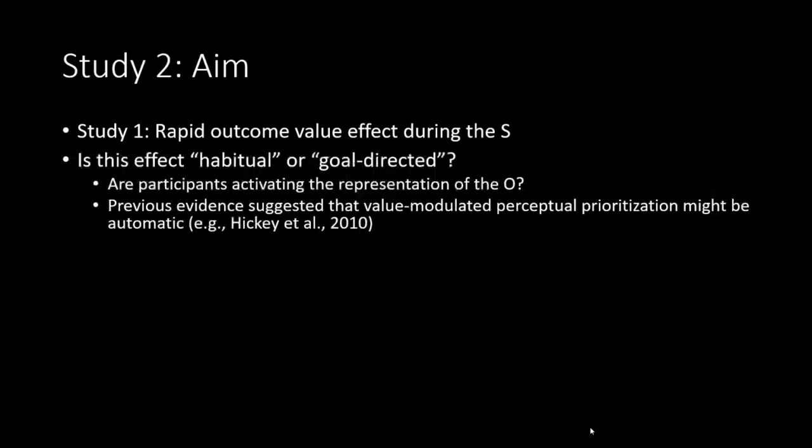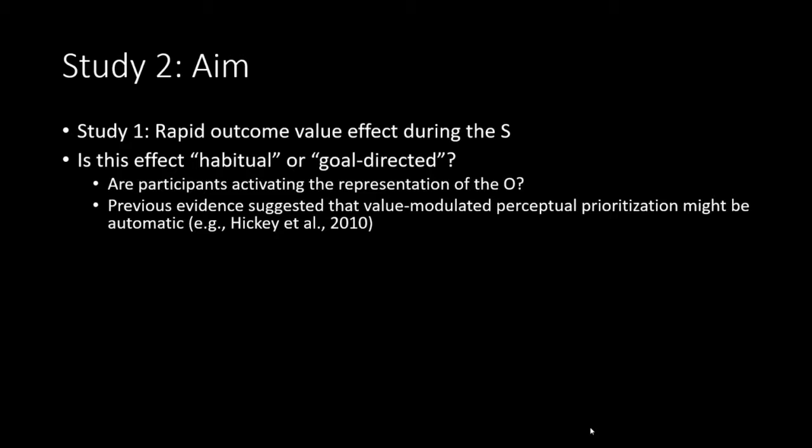So we have this very rapid outcome value effect during the stimulus in our first study. And this is kind of interesting because think about it. This is an outcome value effect that is evident during the presentation of the stimulus. So this could happen in at least two ways.